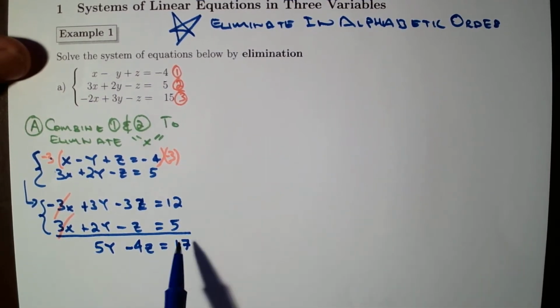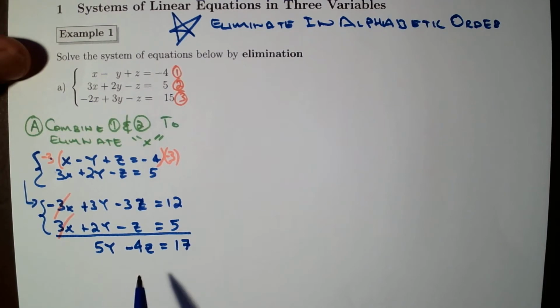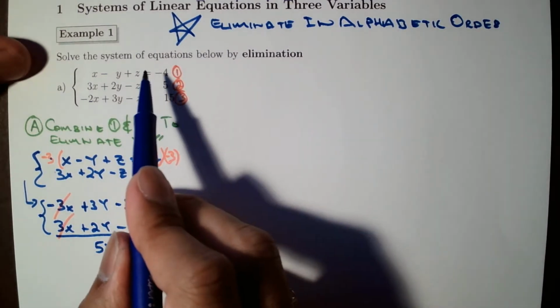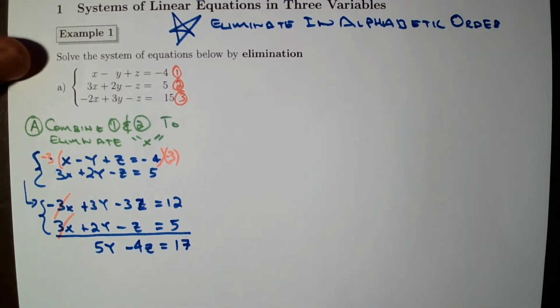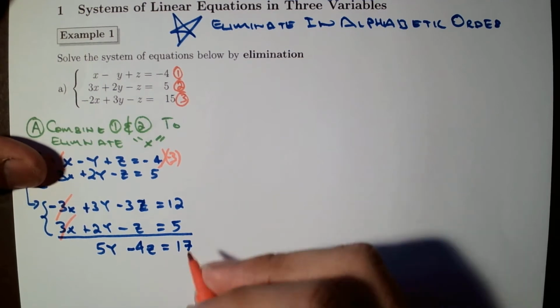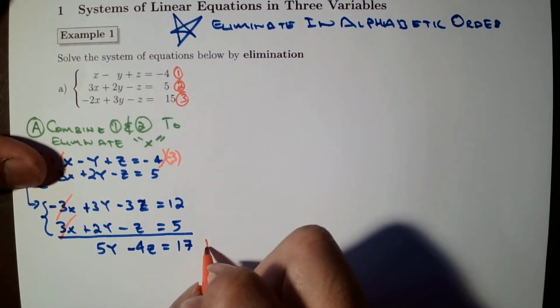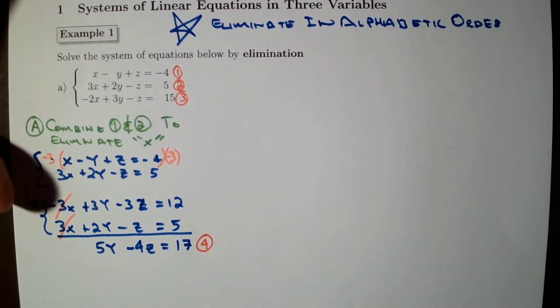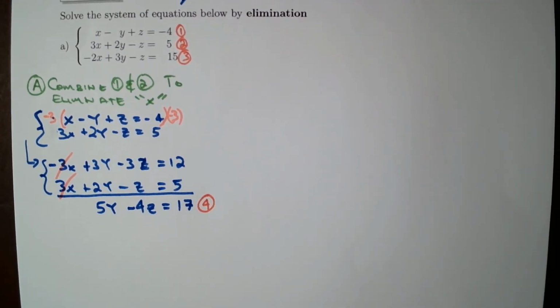Now this equation, notice it got reduced. It used to be 3 variables, now we came up with one that has 2 variables only. Well, so let's label this equation as equation 4. We're going to need this later in the process.